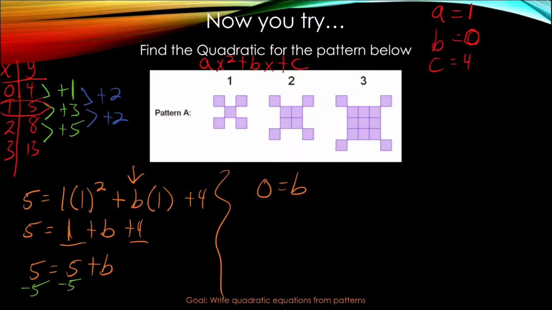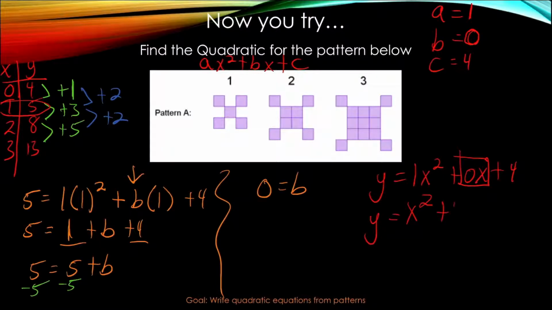So now I can say that this quadratic is y equals 1 times x squared plus 0x plus c. Well, we can simplify this a little bit. We don't write the 1. We're kind of lazy, so we don't have to write that. So I just say x squared. This is nothing, so I'm not going to write anything. Plus 4. There is my quadratic relationship.